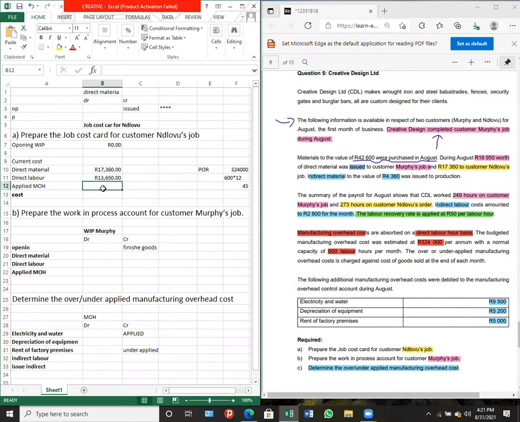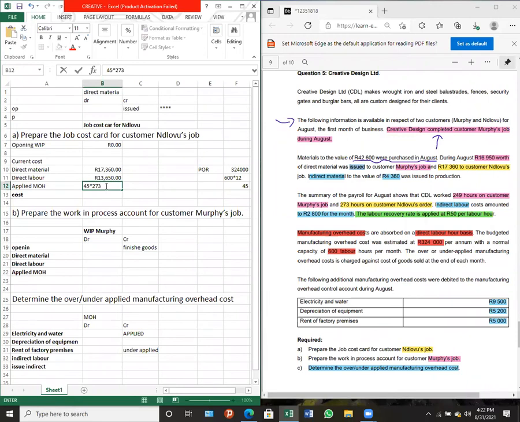Formula for applied: POR times actual basis, times actual labor hours. Yeah, come again. It's going to be 45 multiplied by 273 hours. 45 multiplied by how much? 273 hours.